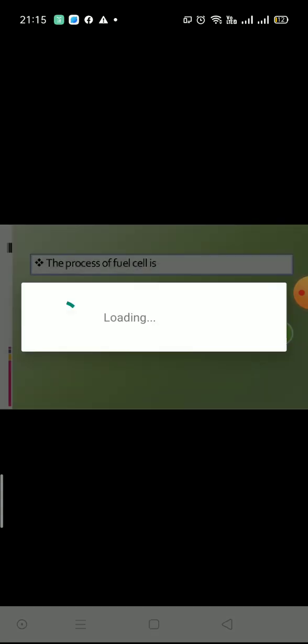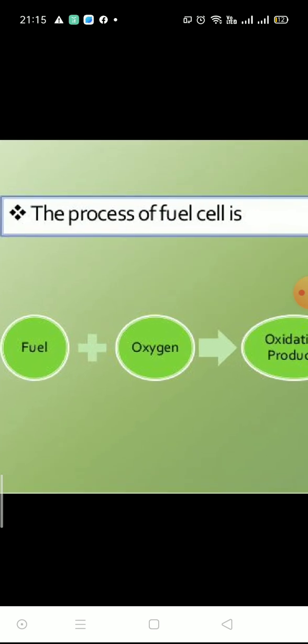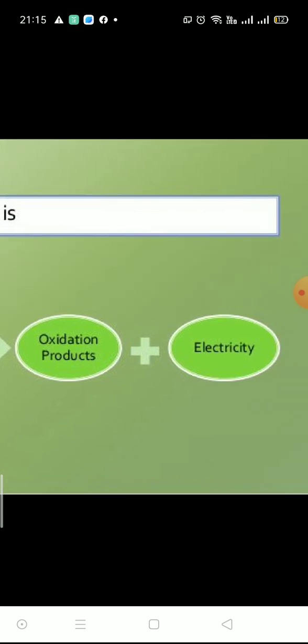So how is it different? But in the fuel cell, fuel is combining with oxygen, that is, it is also burning. It is giving oxidation products and electricity is produced. In an ordinary combustion reaction, heat is produced, but in the fuel cell, combustion of fuel gives electricity.